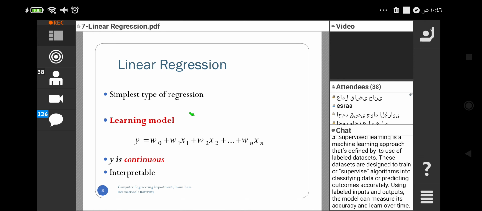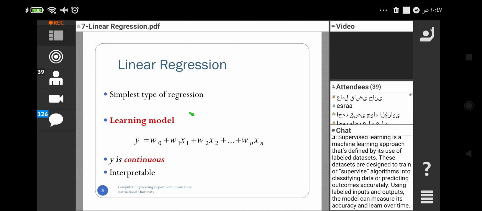Okay, regression. We have many types of regressions. In the classification, we talked about the neural network, the convolution neural network, the decision tree, and the KNN. All of these were classifiers, but all of these could be used for regression too.